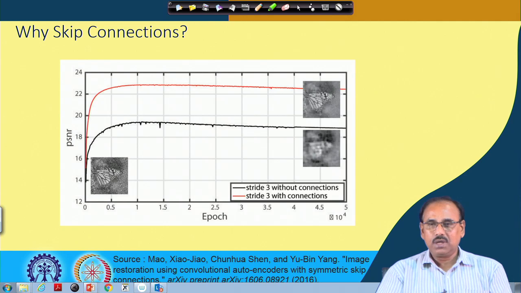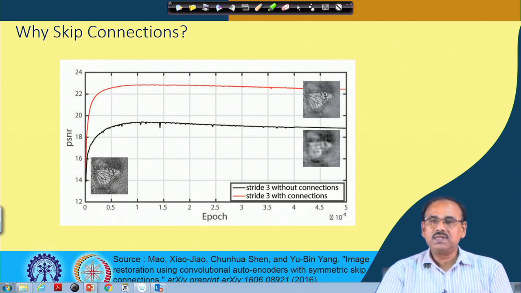At the final output layer, the deconvolution layer, you get the reconstructed or restored image. I want that restored image to be the same as the clean image, and this noisy and clean image pair is used for training of this neural network.